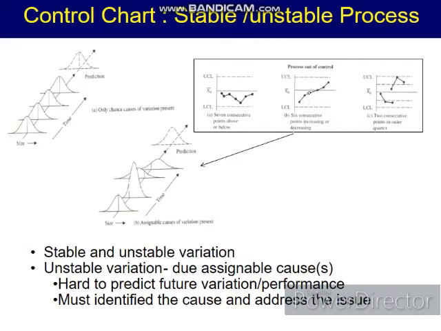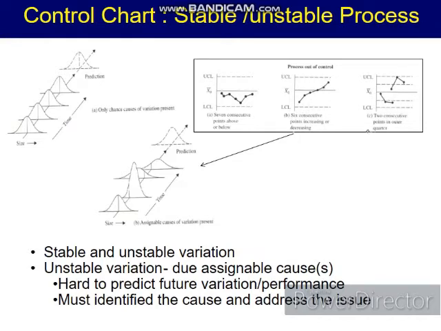If you see this, there's something wrong with the process. Some external or assignable cause makes the process vary as such, right? So you have to stop the process, assess the situation, find the root cause and address it. So it can be an increasing or decreasing trend of 6 consecutive points. This is the second criterion.